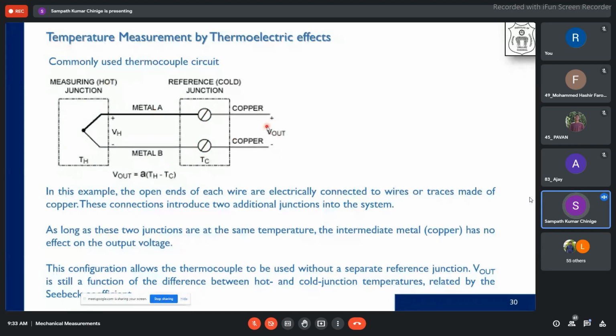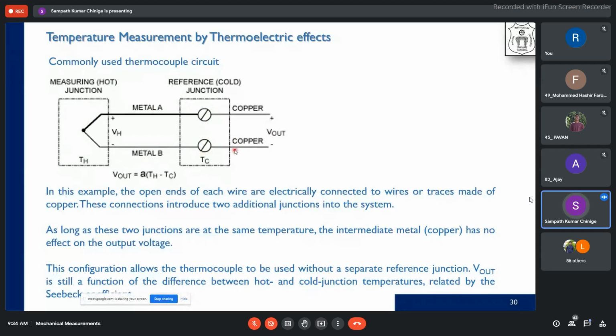Are you with me? Are you understanding what I am trying to say? The physical principles that we understood are applied here to measure temperature. So we have two junctions. In practice, how do we incorporate them into our measuring devices?